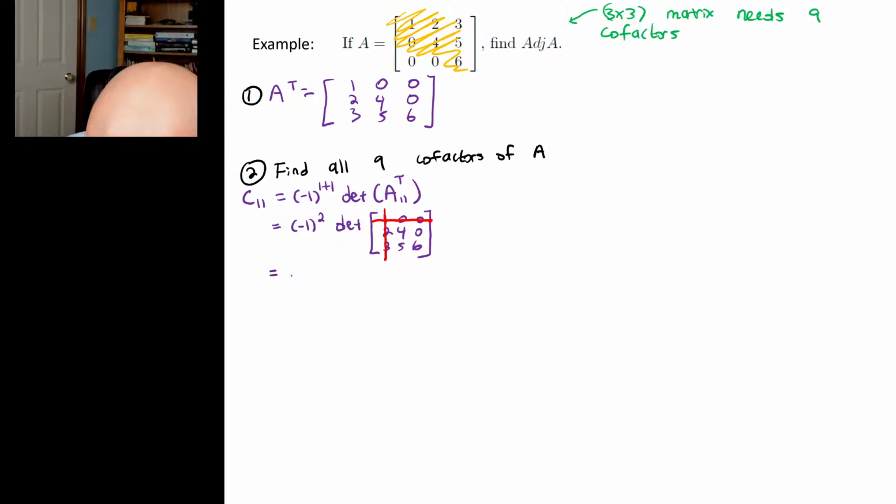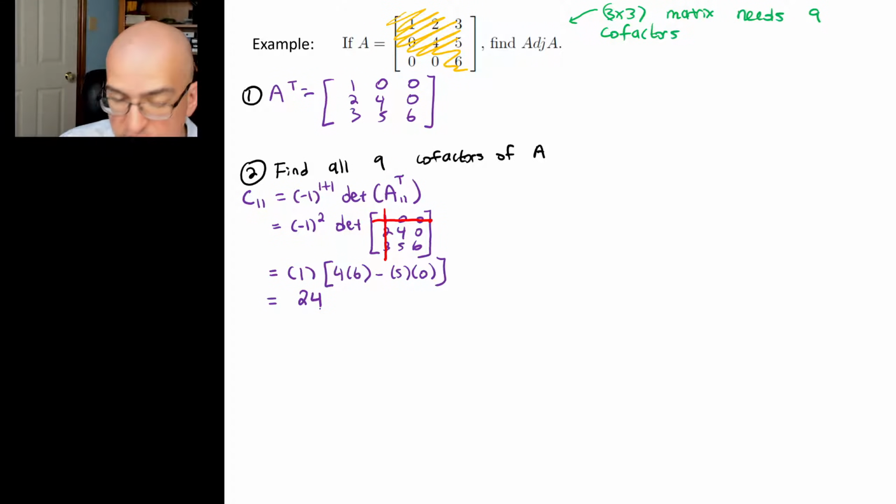So that's going to be negative 1 squared is 1 times the determinant of 4 times 6, down product minus up product minus 5 times 0. So we'll have 1 times 24, which is 24.